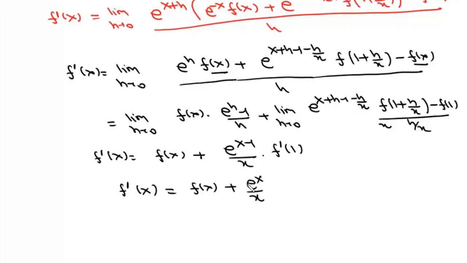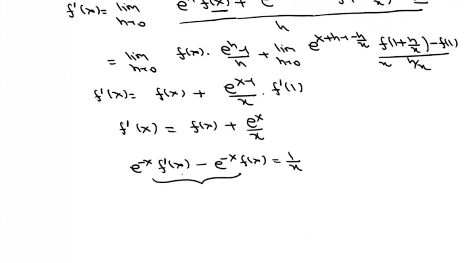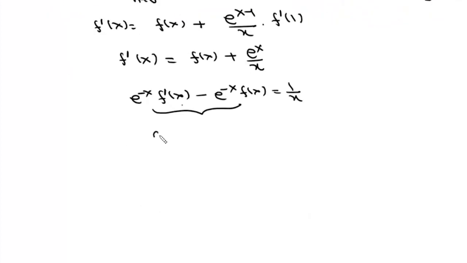Now if we multiply it with e^(-x), we can write e^(-x) f'(x) minus e^(-x) f(x) is equal to 1 upon x, and this is nothing but the derivative of e^(-x) into f(x). So it will be d by dx of e^(-x) into f(x) equals 1 by x.